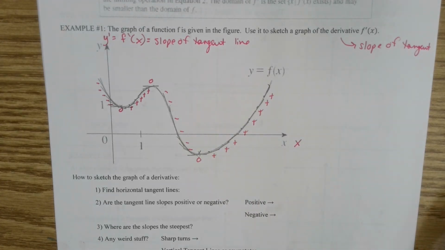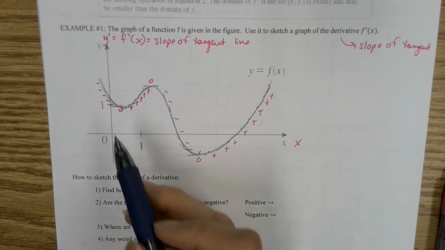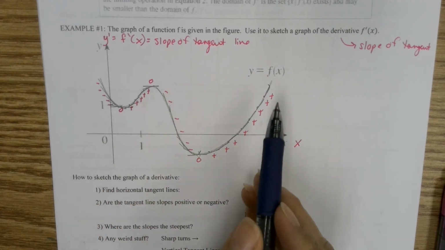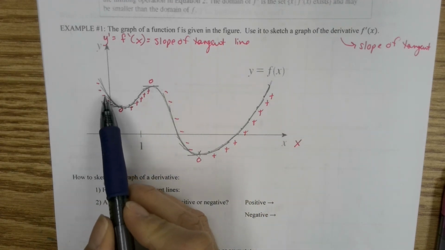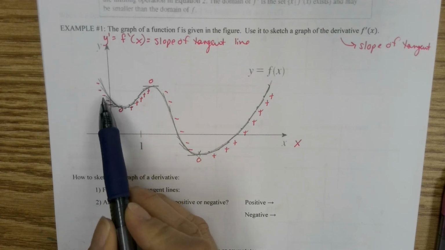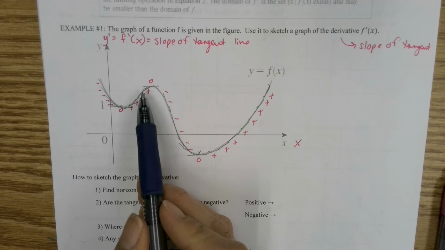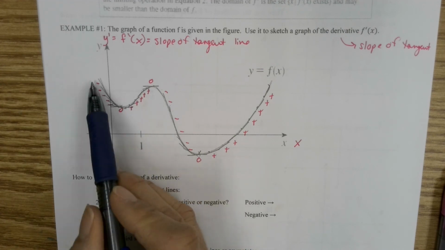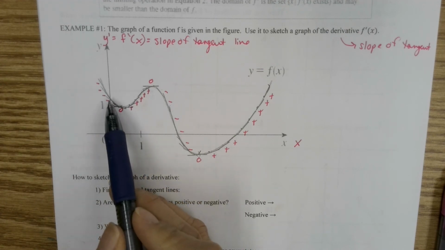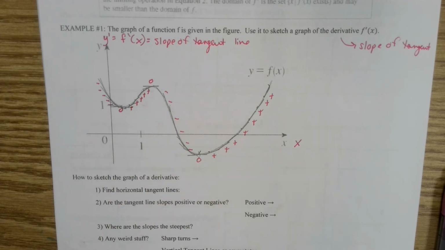Okay, so my goal is to sketch the derivative. So I need to sketch these slopes out. Now, all of these negative slopes, I know that these are getting flatter, and then they get steeper and then a little bit flatter. I could crank out a ruler and actually manually calculate what I think the slope is, but we're not going to try to be that accurate because we really can't be that accurate.